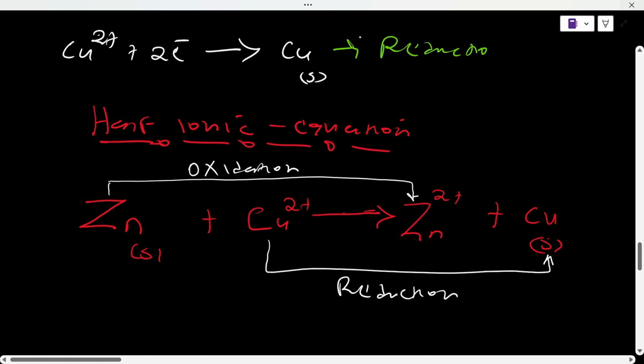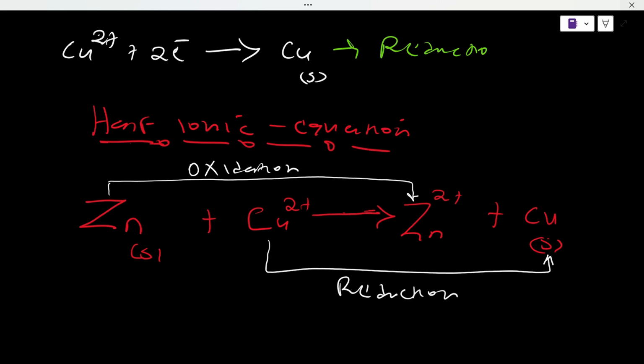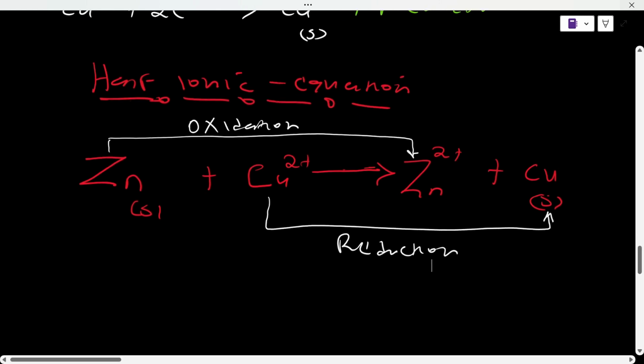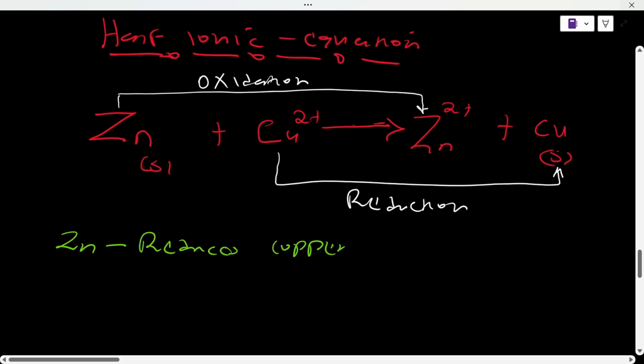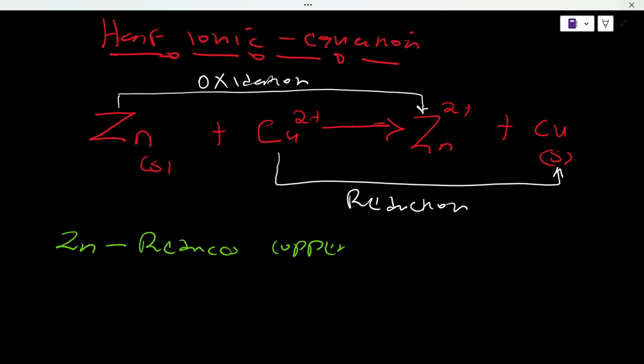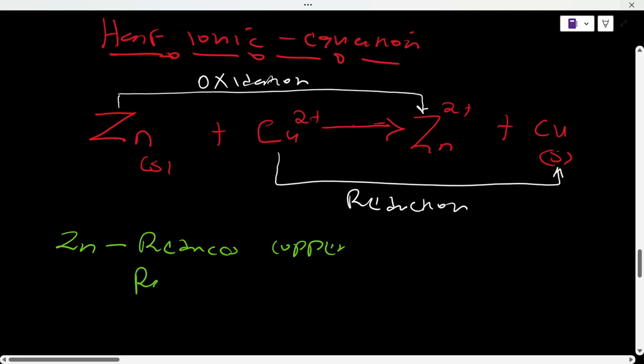Now if that is happening, we can simply say zinc reduces copper. So zinc is the reducing agent.